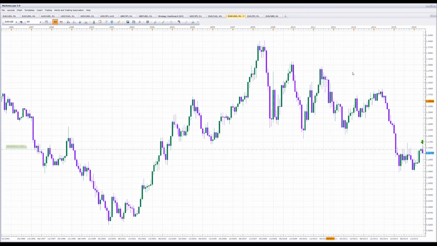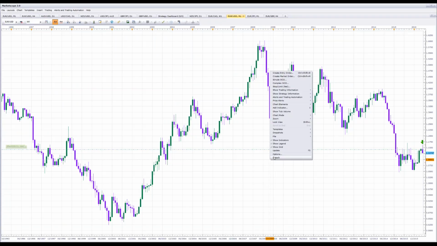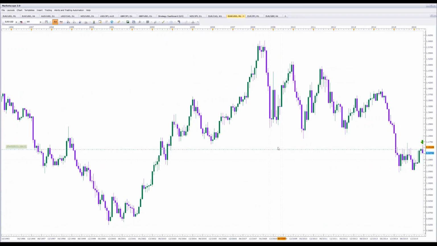So again, we're going to start with the monthly chart. It's kind of similar to what we saw with euro pound on the monthly chart.